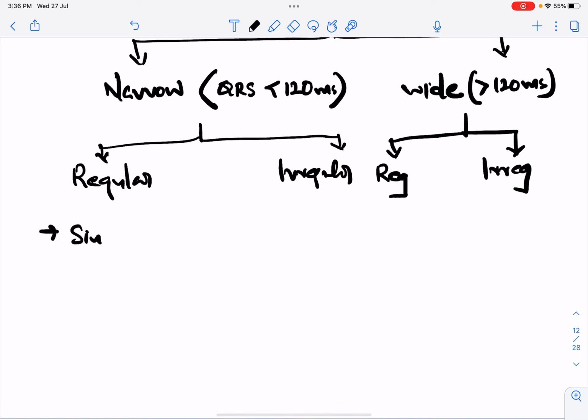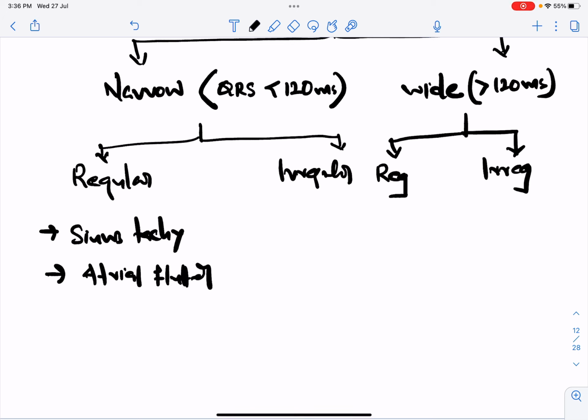sinus tachycardia, atrial flutter, and supraventricular tachycardia, SVT. These are the examples of narrow regular tachycardia.